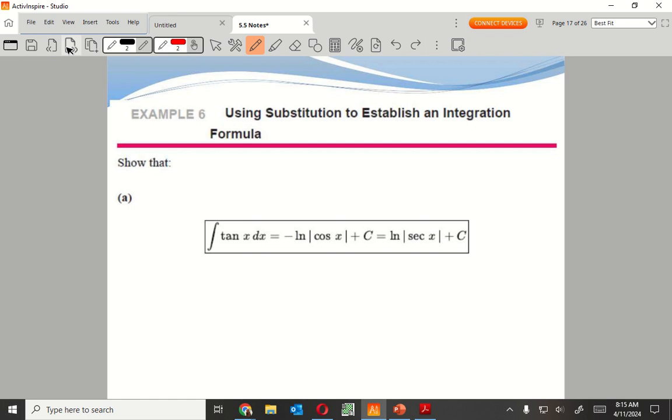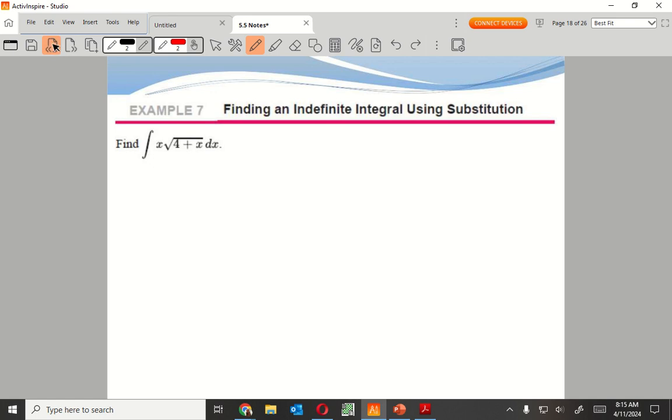All right, so right here. Show that the integral of tangent x dx is equal to either one of these, both of these or either one of these. Okay, we're going to do a proof. We're going to show that this actually works. I like doing this.